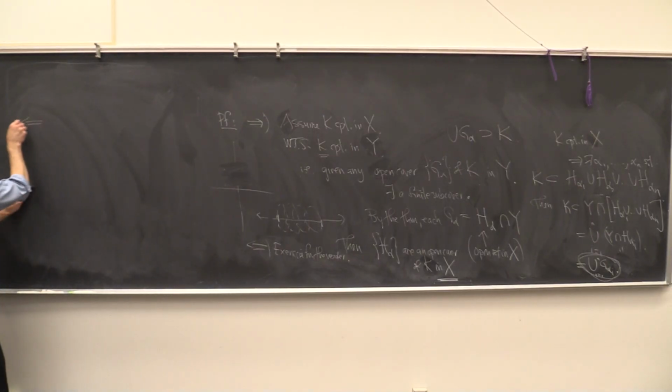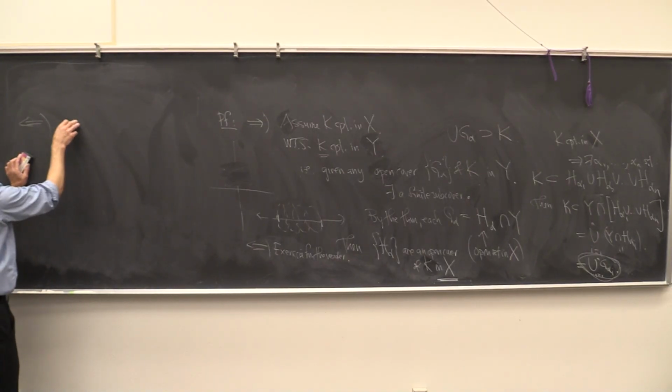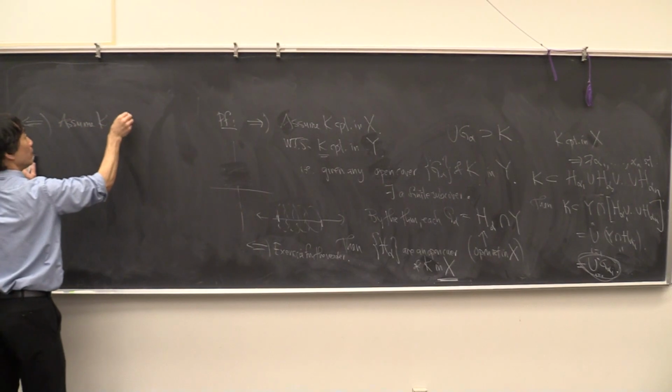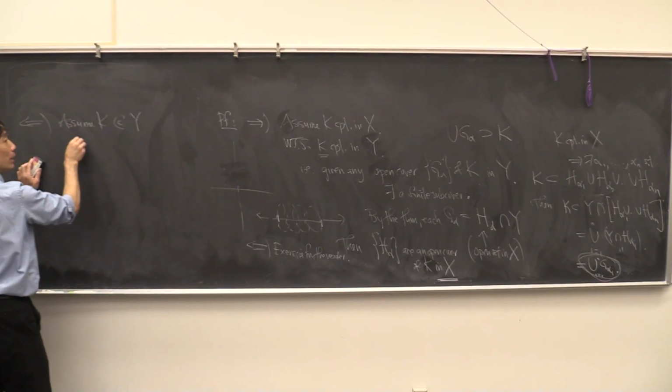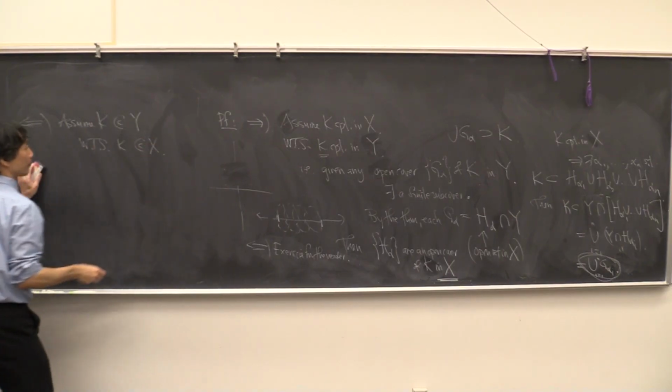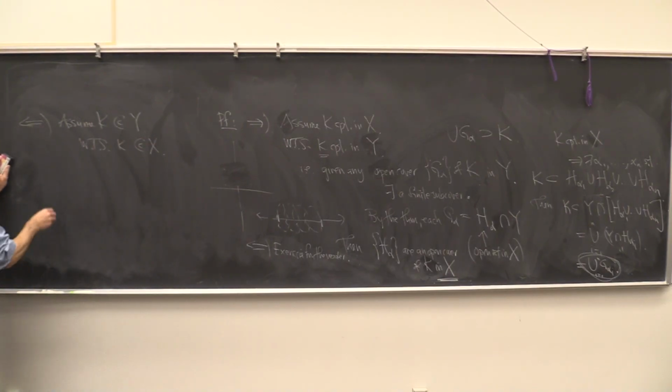So, let's do the backwards direction. Assume K is compact in Y, and you want to show K is compact in X. So it's compact in Y. What do we want to show?